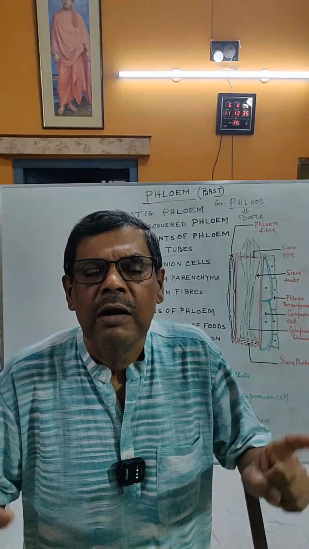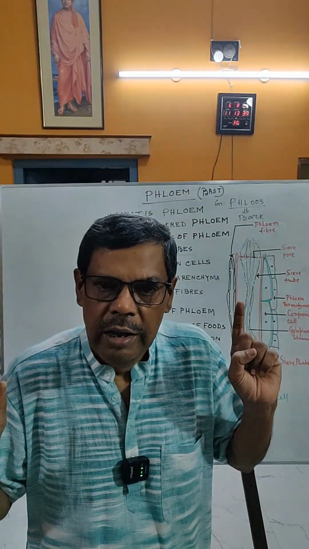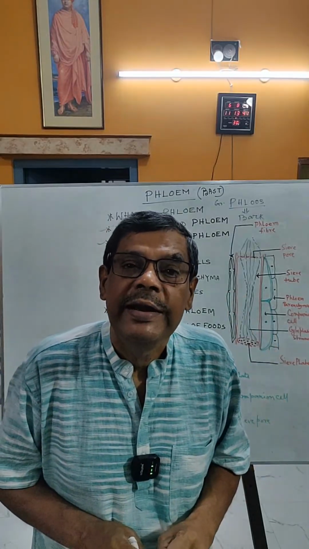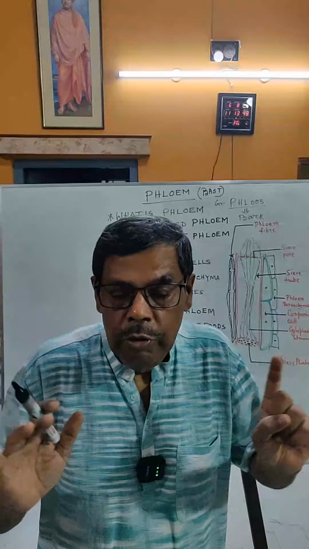There are several organs of the plant. This is mainly involved in translocation of food material.